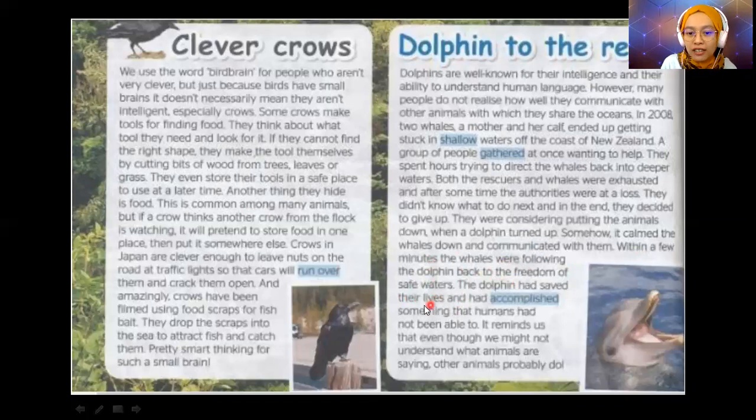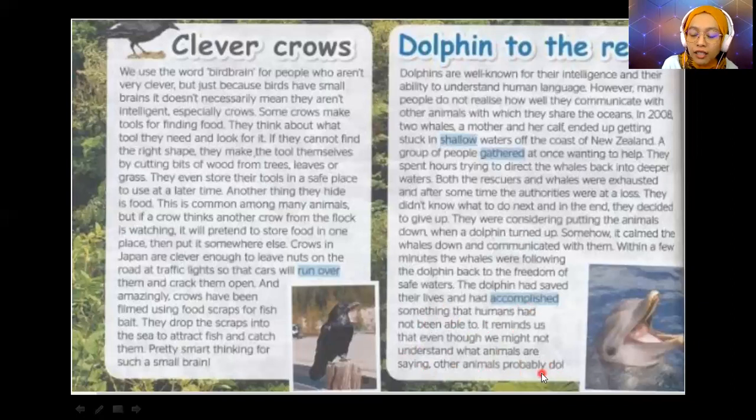Okay, the dolphin had saved their lives and had accomplished something that humans had not been able to do. So hebat ni kan. So dolphin dah selamatkan nyawa mereka dan berjaya accomplish lah, maksudnya berjaya membuat benda yang human tak mampu buat. It reminds us that even though we might not understand what animals are saying, other animals probably do.